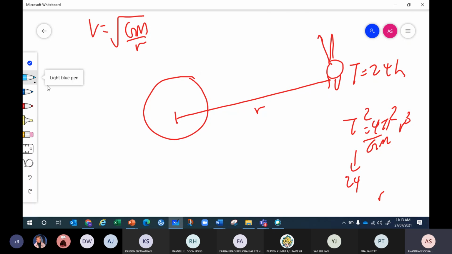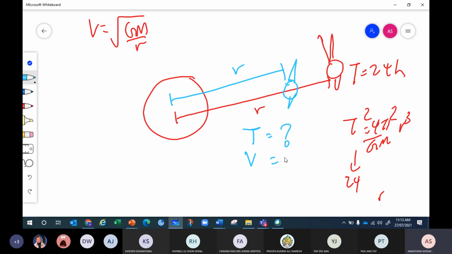Now let's say a country wants to launch a satellite quite near, at a shorter r. In the exam, they will ask, if a satellite is launched at a shorter r, can you predict how its period is going to be, and how its orbital speed is going to be? Even if you launch quite close to the Earth's surface, it is still out of the atmosphere, because all satellites have to be out of the atmosphere so that there is no drag force.